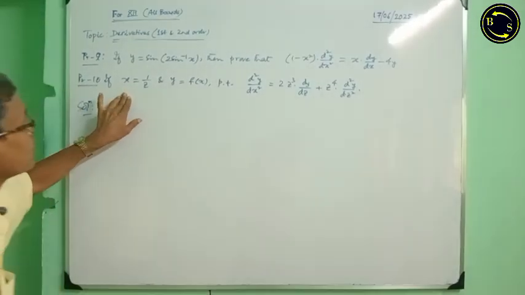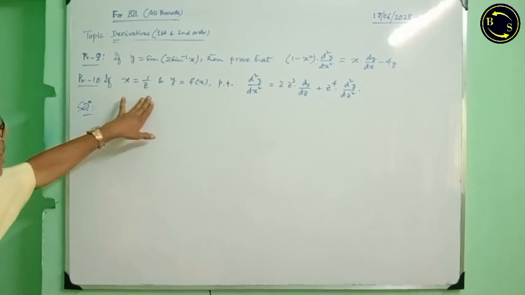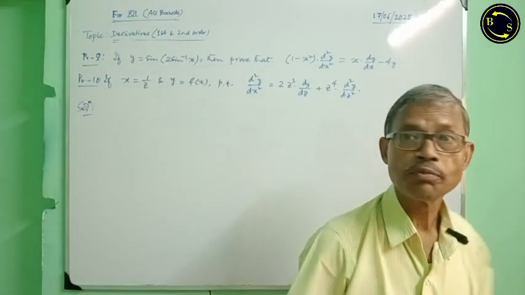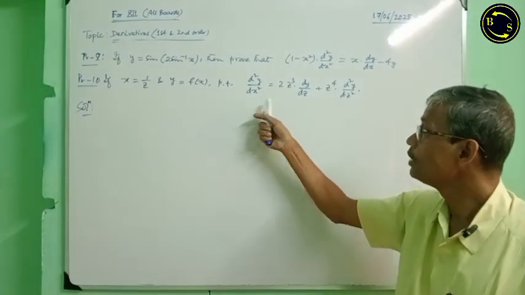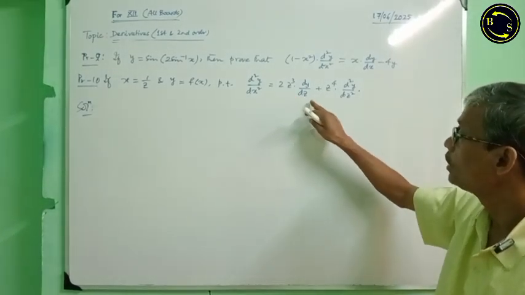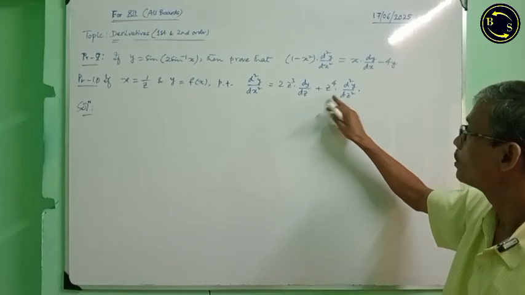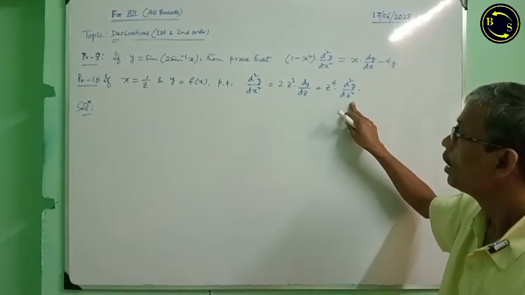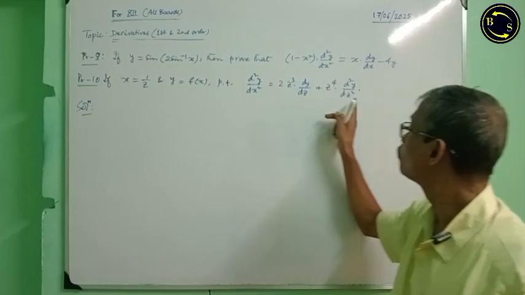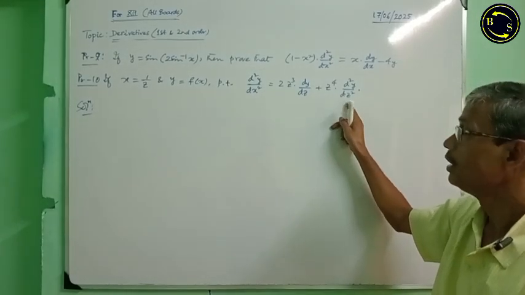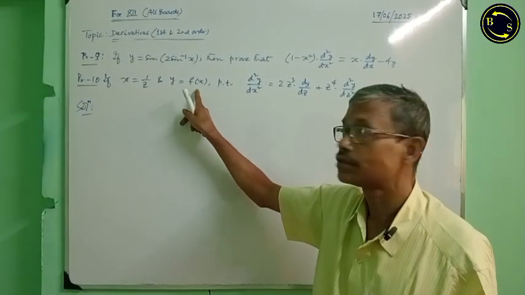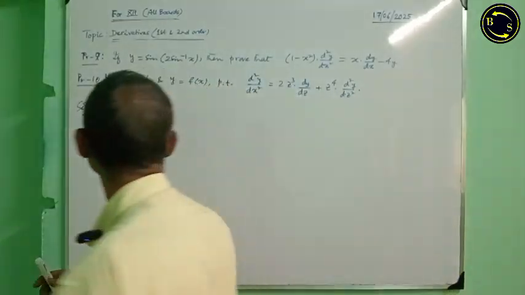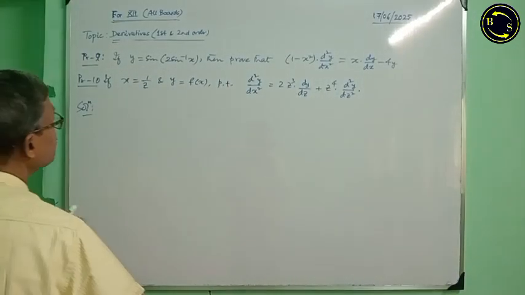In this sum, you see, x is equal to 1/z, y equal to f(x), and the relation to be proved is this one: d²y/dx² is equal to 2z³ dy/dz plus z⁴ d²y/dz². Now, dy/dz and d²y/dz² are there, and y equal to f(x), y a function of x, and x equal to that.